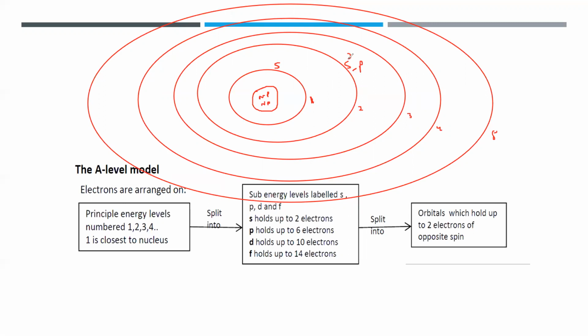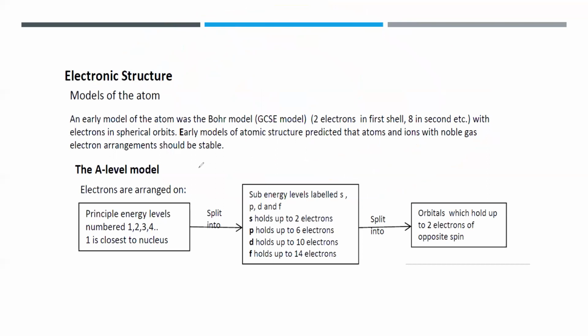Because in S we can have 2 electrons, and in P we can have a maximum of 6 electrons. So 2 because of S and 6 because of P. 2 plus 6 equals 8, the maximum number. Is it clear? That was the concept of the shell and subshell.